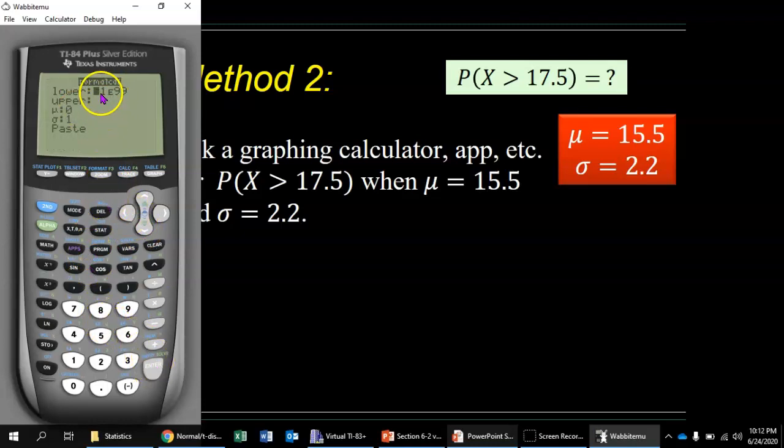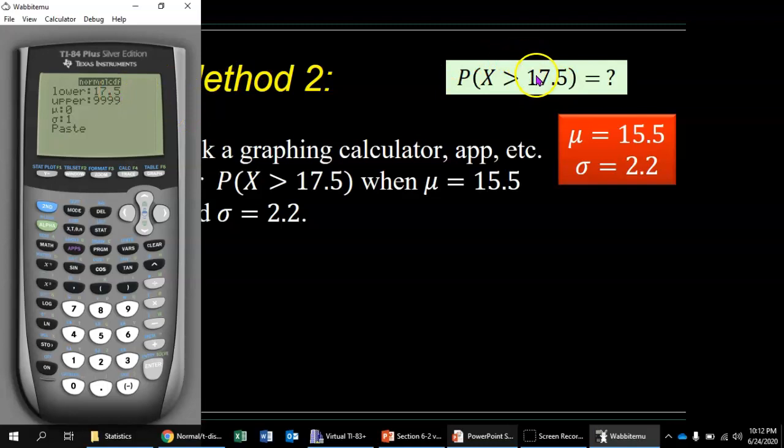And I'm going to give it my lower and upper limits. Here the lower limit is 17.5. And the upper limit is, well, really it's infinity, but I can just put in some really big number like 9999. We want x between 17.5 and all the way up.